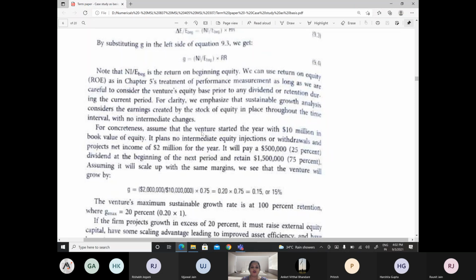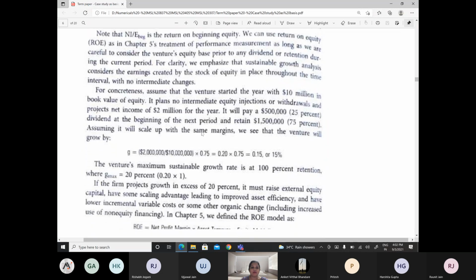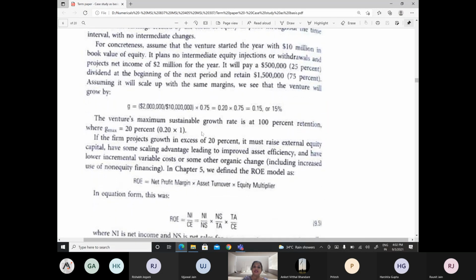Okay. For concreteness, let's look at an example over here. Assume that the venture started the year with 10 million in book value of equity. It plans no intermediate equity injections or withdrawals and projects a net income of 2 million for the year. It will pay a $500,000 dividend, which is 25%, at the beginning of the next period and retain 1.5 million, that is 75%.